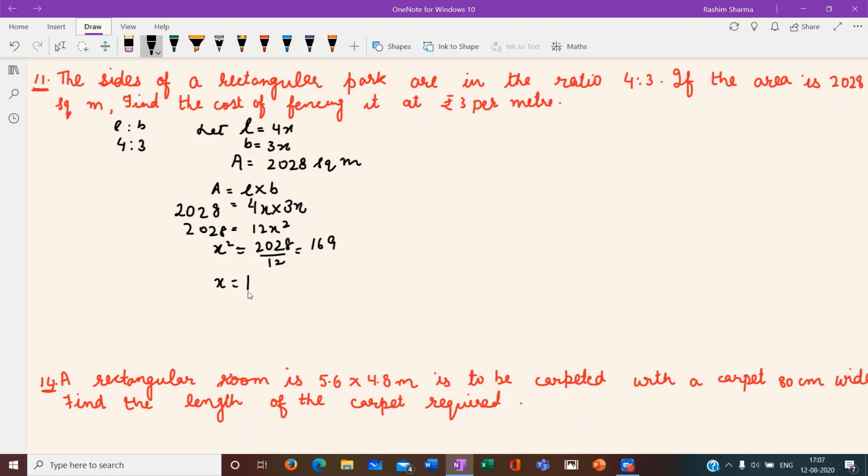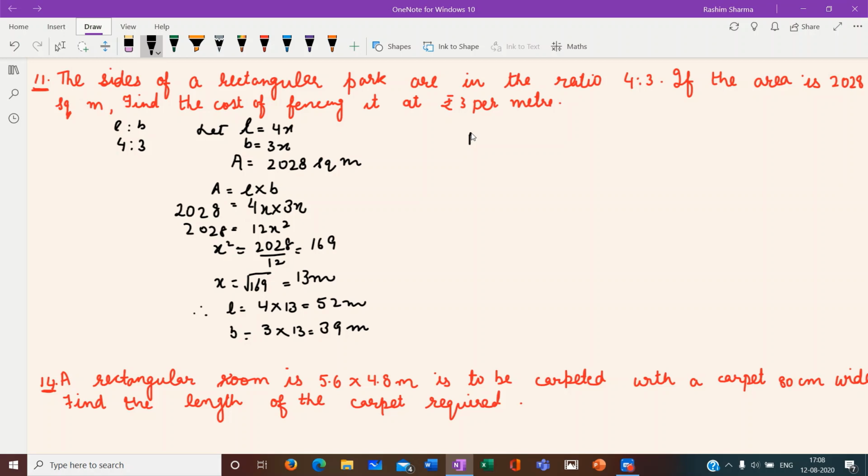So x will be equal to the square root of 169, and the square root of 169 is 13 meter. So therefore we get length as 4x, means 4 into 13, 52 meter, and breadth is equal to 3x, means 3 into 13, 39 meter. The question is to find the cost of fencing.